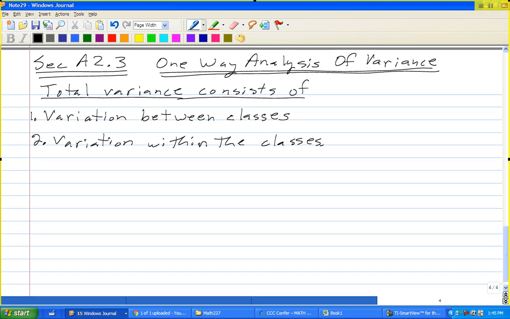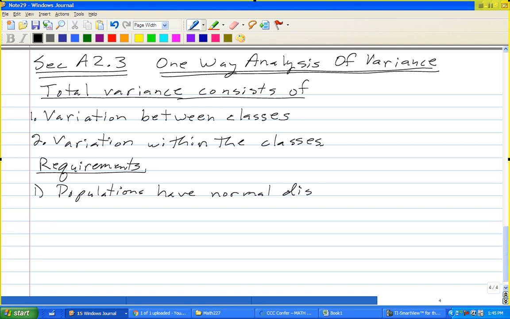Okay, so the requirements, the assumptions. Populations have normal distributions, or at least approximately normal distributions.